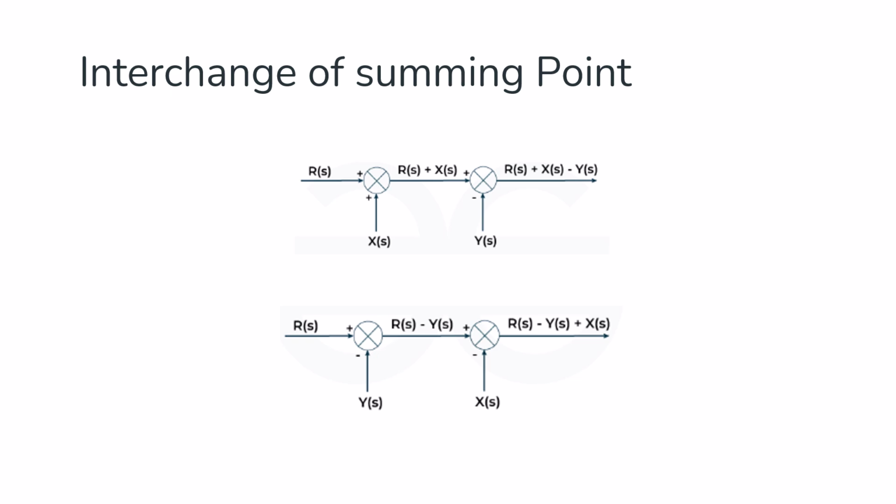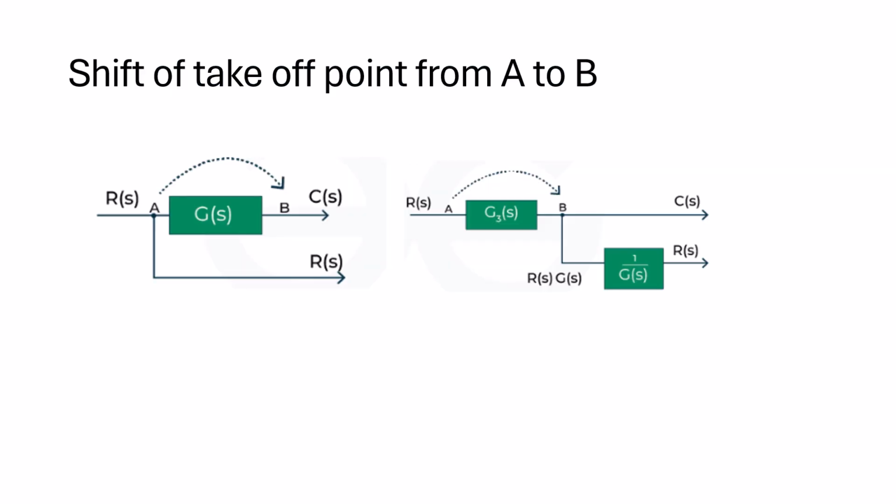Now if we interchange these two points, we are basically doing R(s) minus Y(s), so at the end we are getting the same thing. We are keeping it the same. So you have to note down which signals are negative or positive, and accordingly put the sign in the summer.